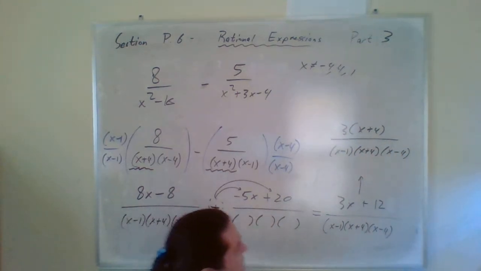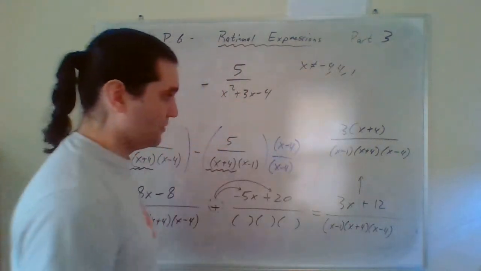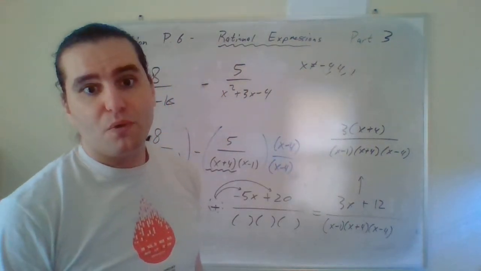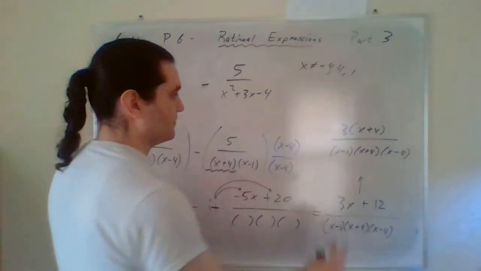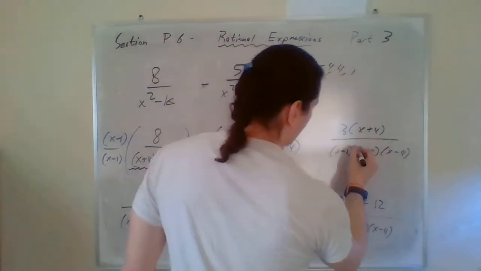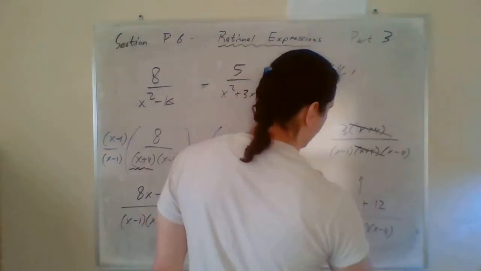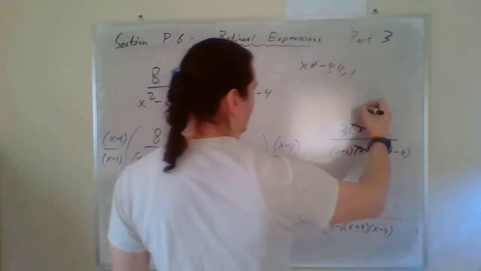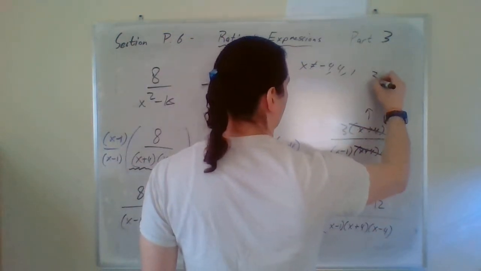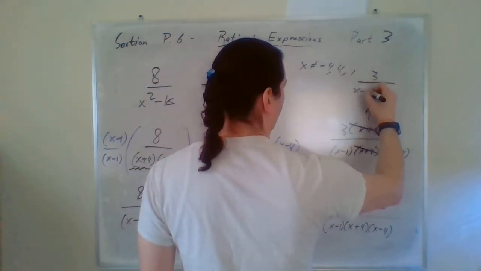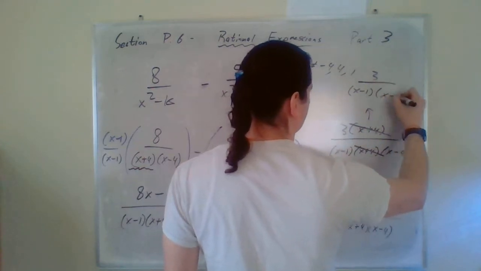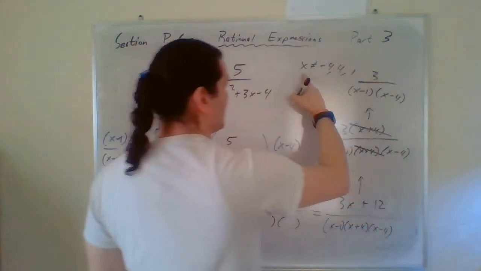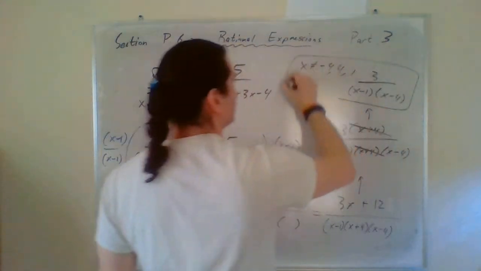So we still need to cancel some stuff. The x plus 4 and the x plus 4 cancel. And your final answer should be 3 over x minus 1 times x minus 4. But these domain restrictions stay.